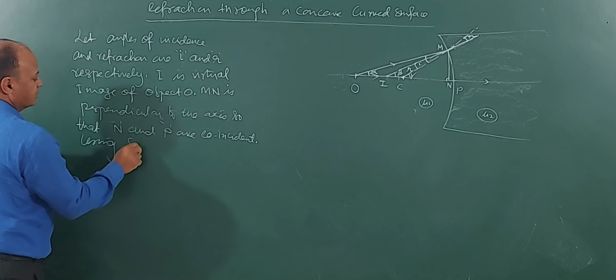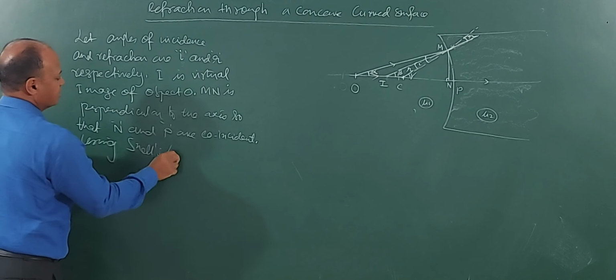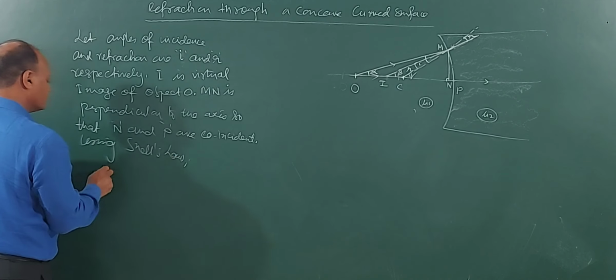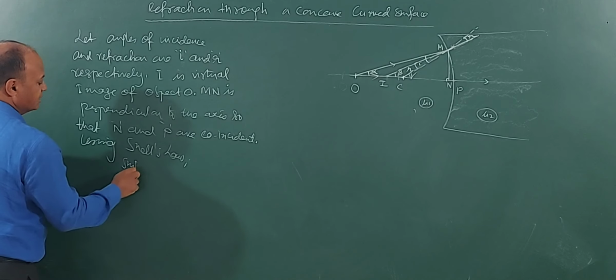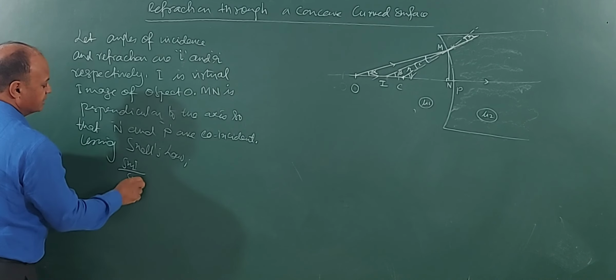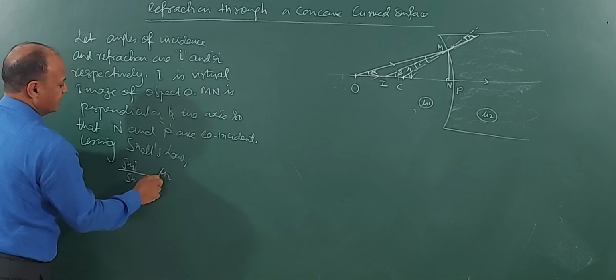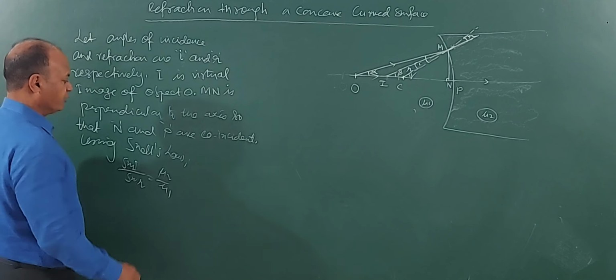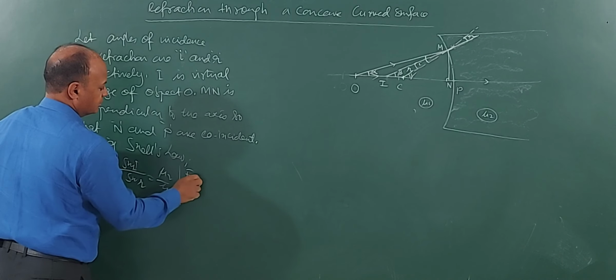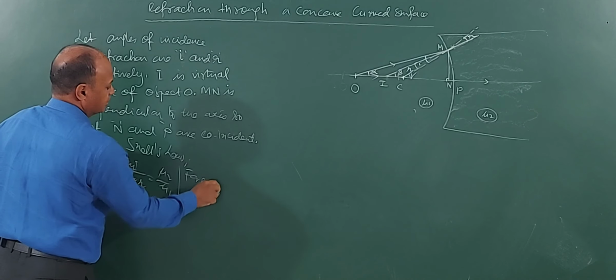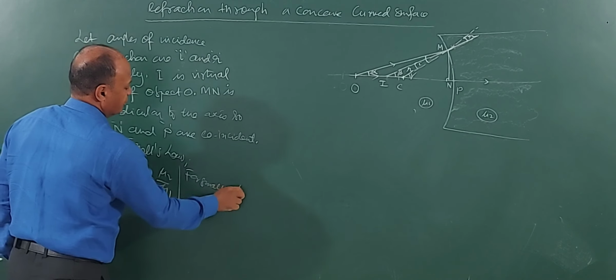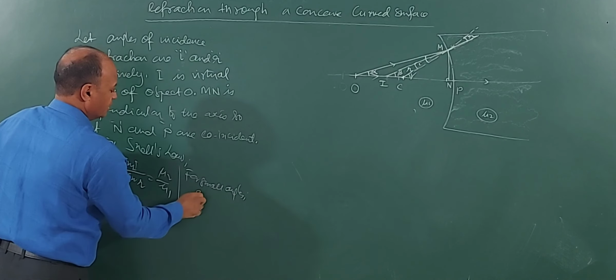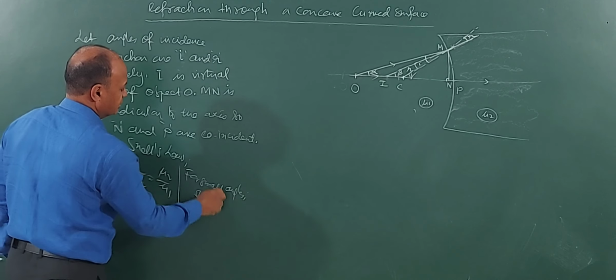Using Snell's law, sin I divided by sin R is equal to mu2 by mu1. And we know for small angles, sin theta is nearly equal to theta.